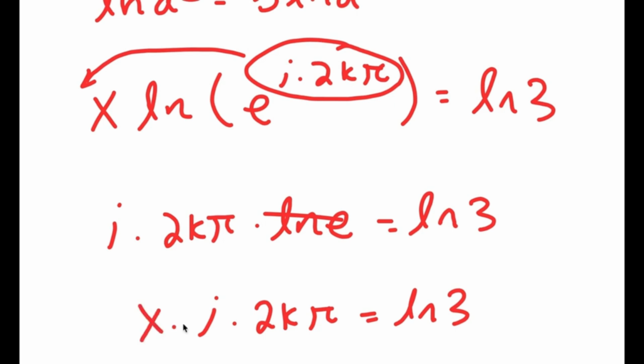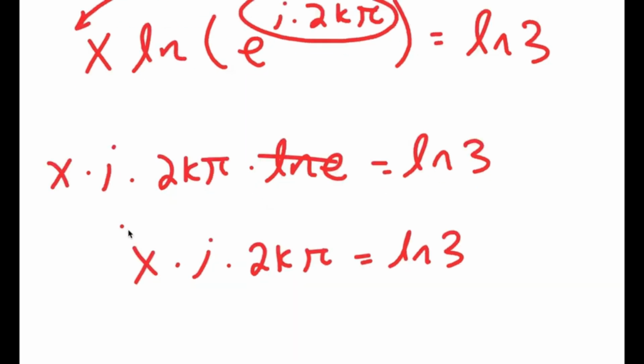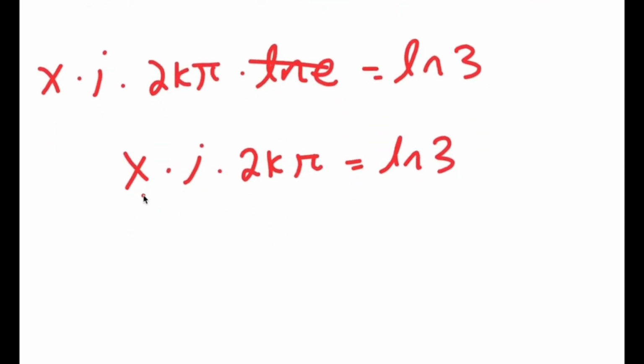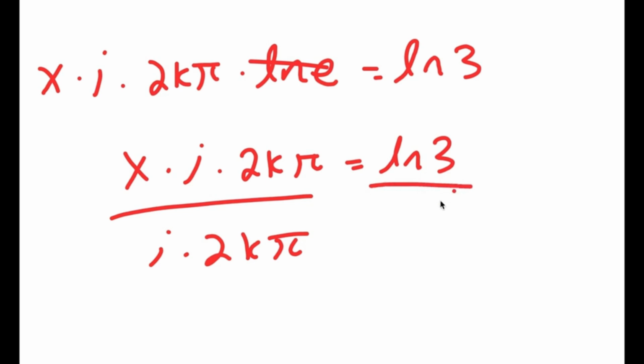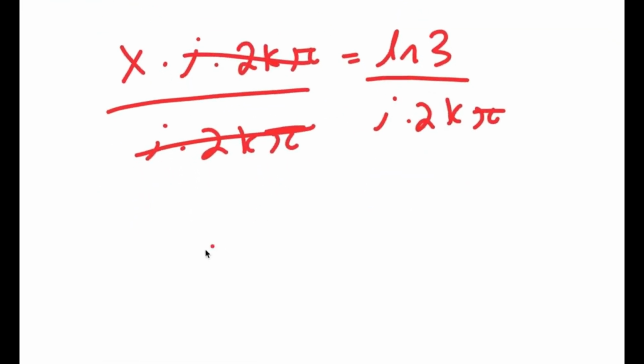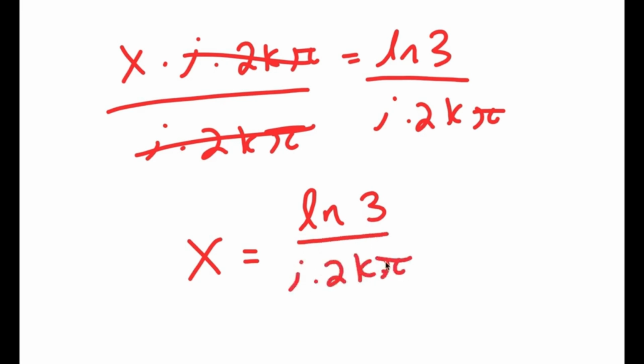Sorry, I also have x. Now I'm going to divide both sides by i times 2k pi. So when these cancel out, I get x is equal to ln 3 over i times 2k pi.